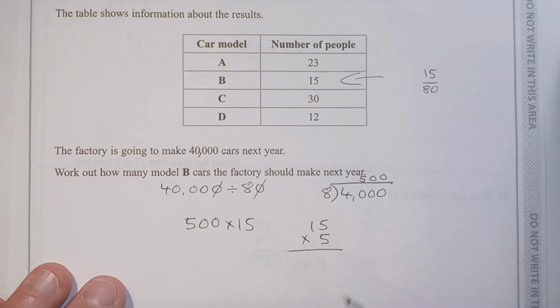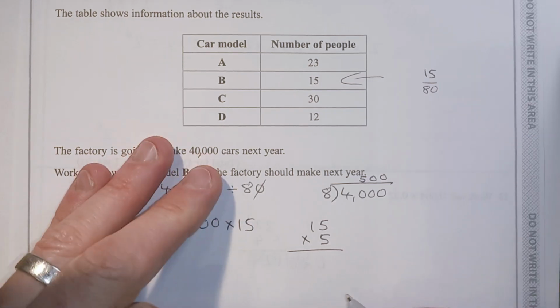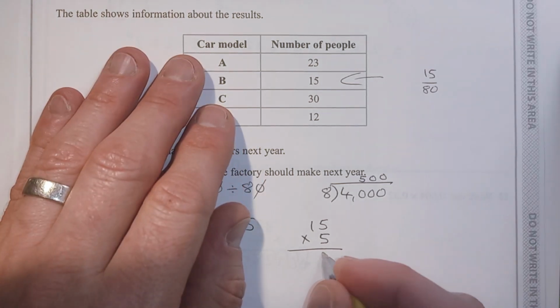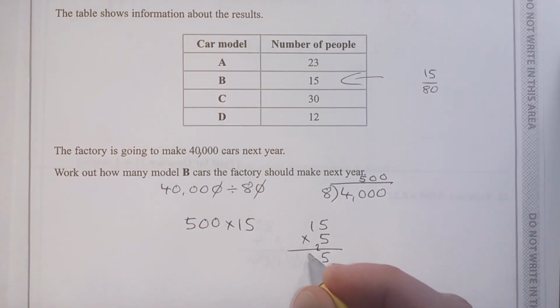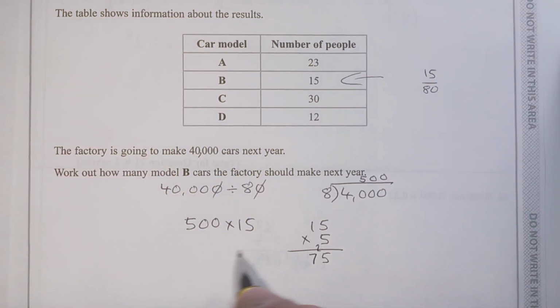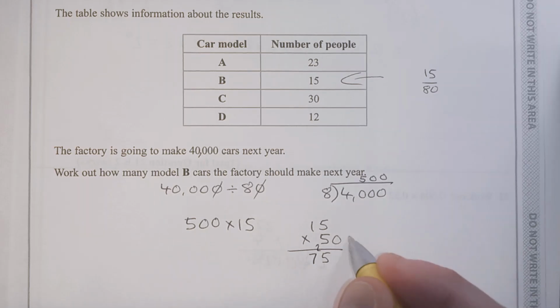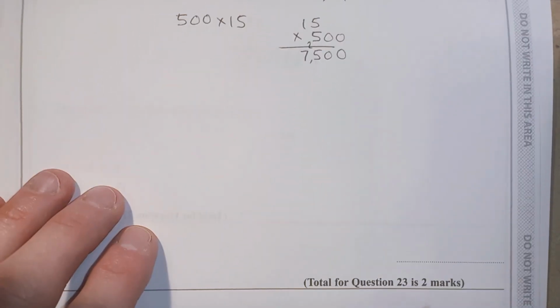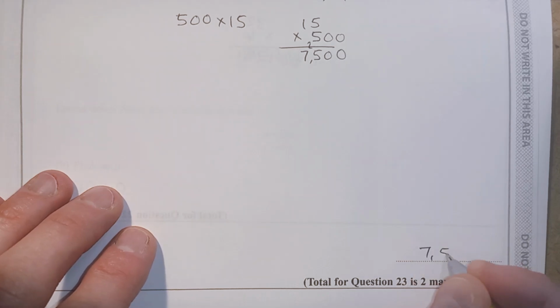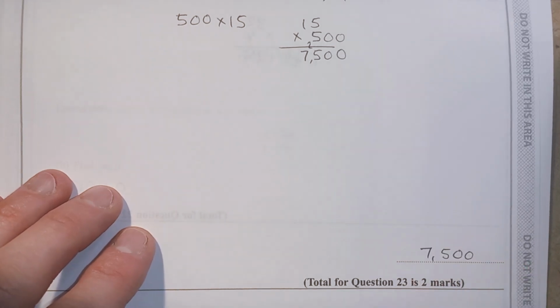So 5 times 5, we've got 5, 10, 15, 20, 25. 1 times 5 is 5, plus 2 is 7. Now we put our zeros back on. 1, 2, 1, 2. So we are going to have 7,500 Model B cars. We can put that down here.